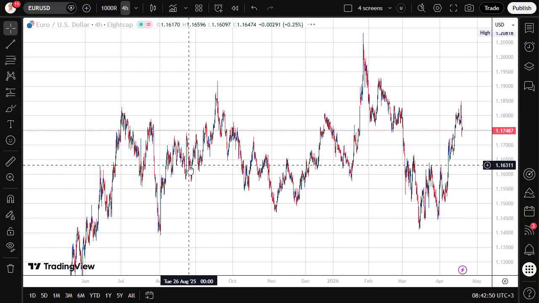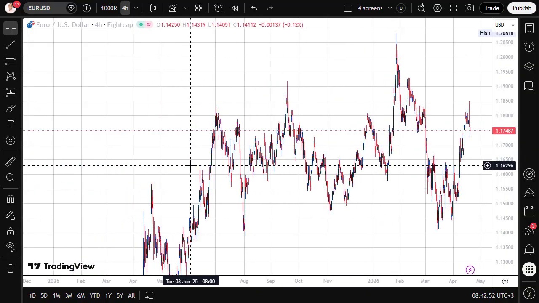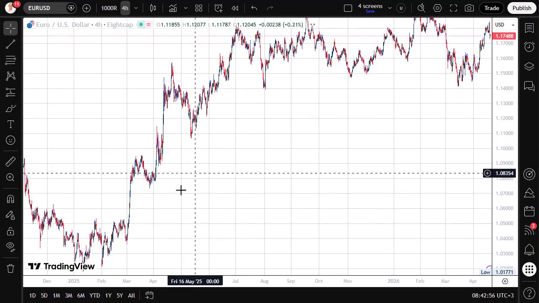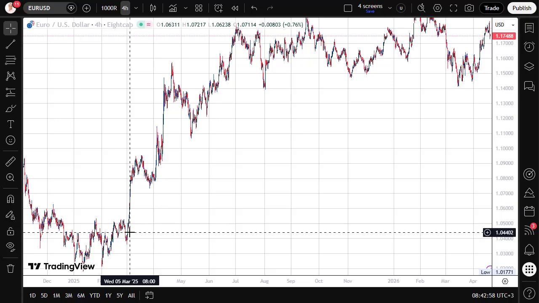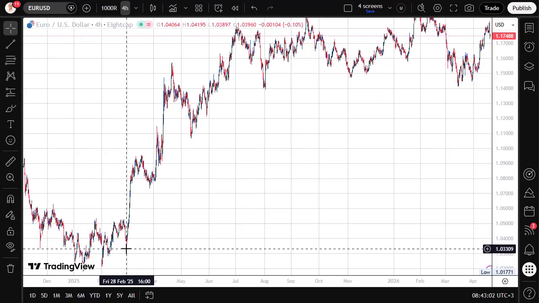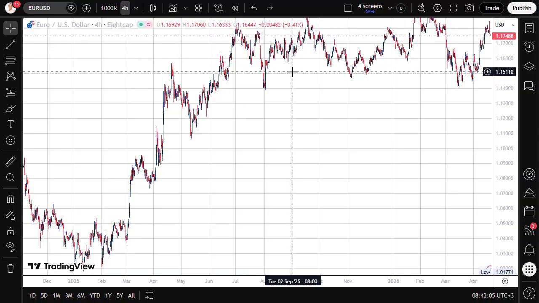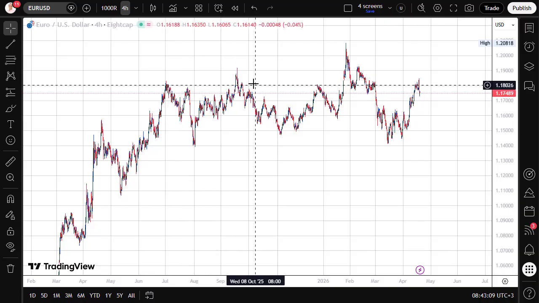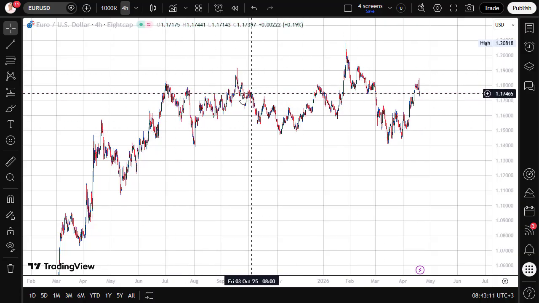So let's zoom out. What do you see? Let me do this so you can see better. We have trending phases right here. It went from 1.03 all the way up to 1.18. We have ranging phases over here. You can see this is a different phase.